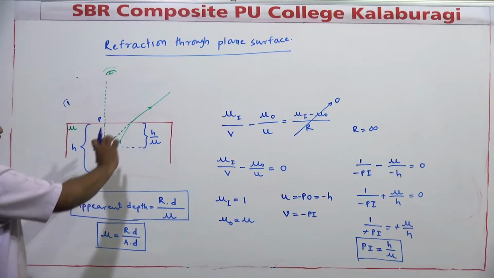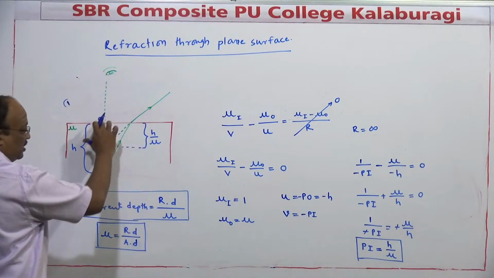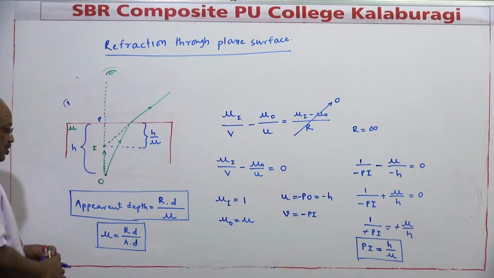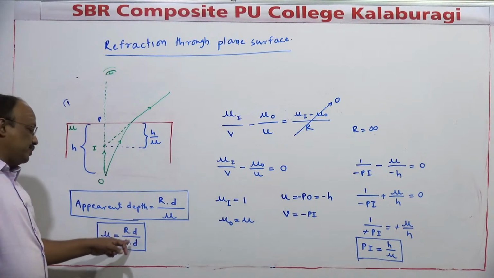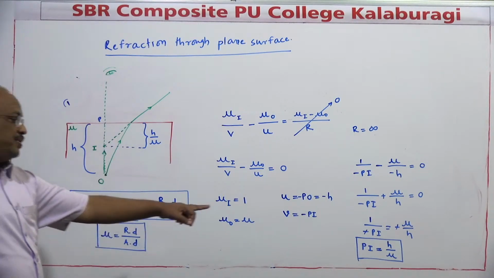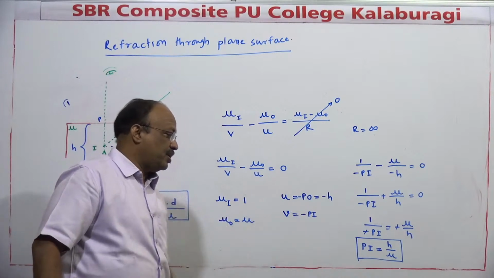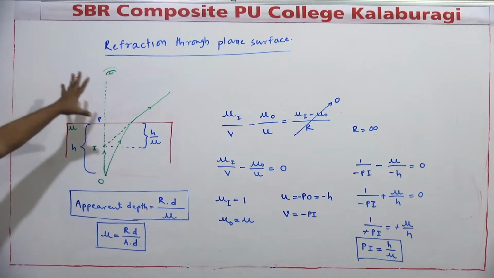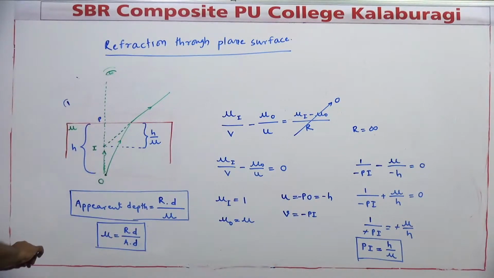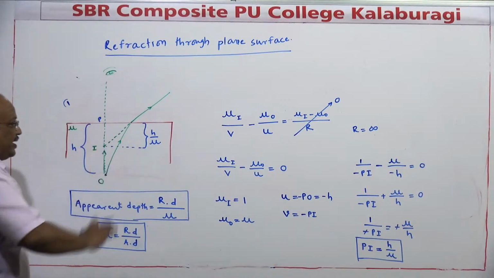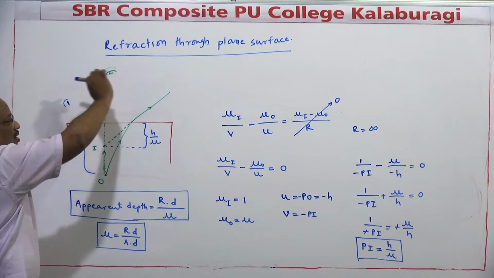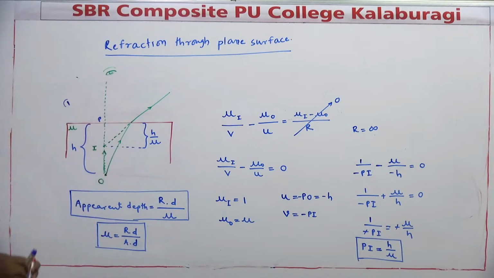So this distance we write as H by mu, and this distance as H. So mu is equal to real depth by apparent depth, or PI is equal to H by mu. So this is the normal shift if the object is in the denser medium and you are viewing it from a rarer medium.